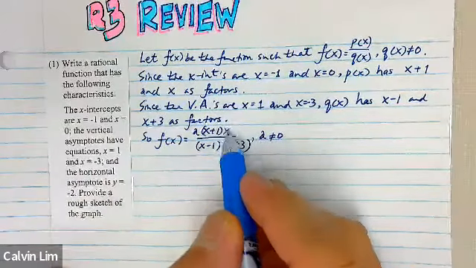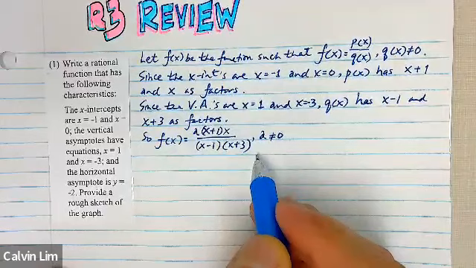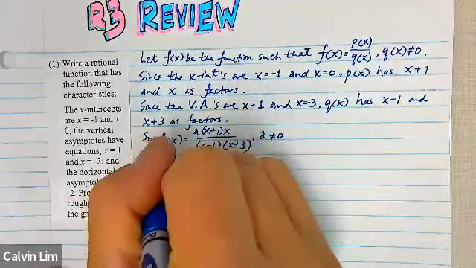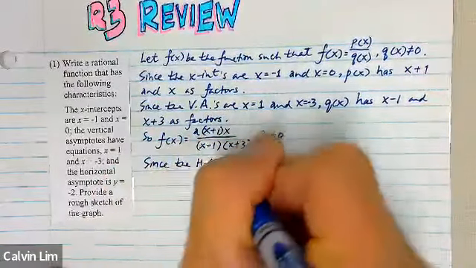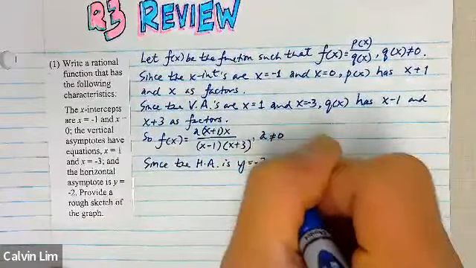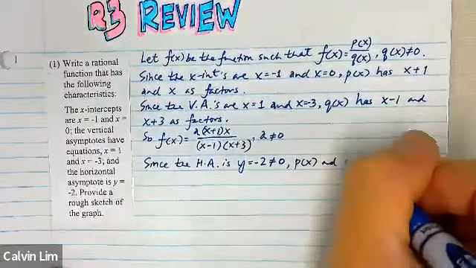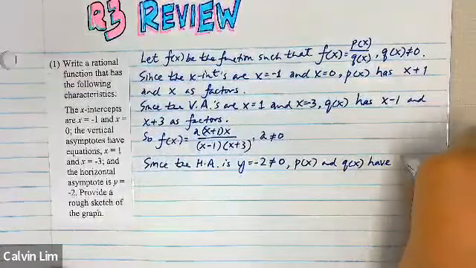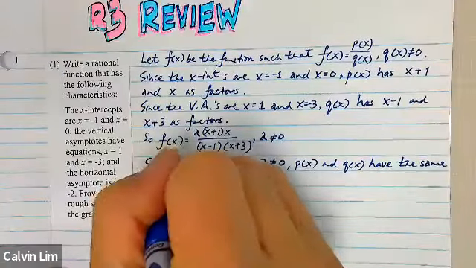okay, so do we need to adjust the degree of any of these factors? No, right? You can say since the HA is y equals -2 and does not equal 0, P of x and Q of x have the same degree.